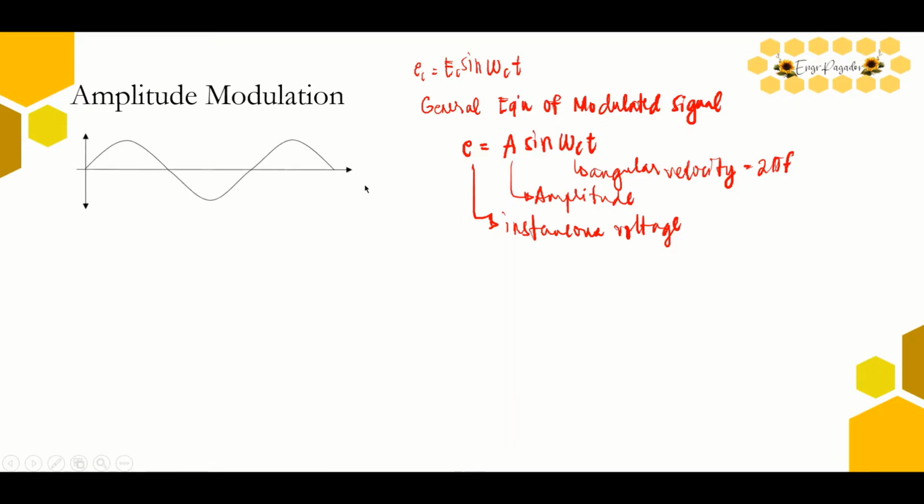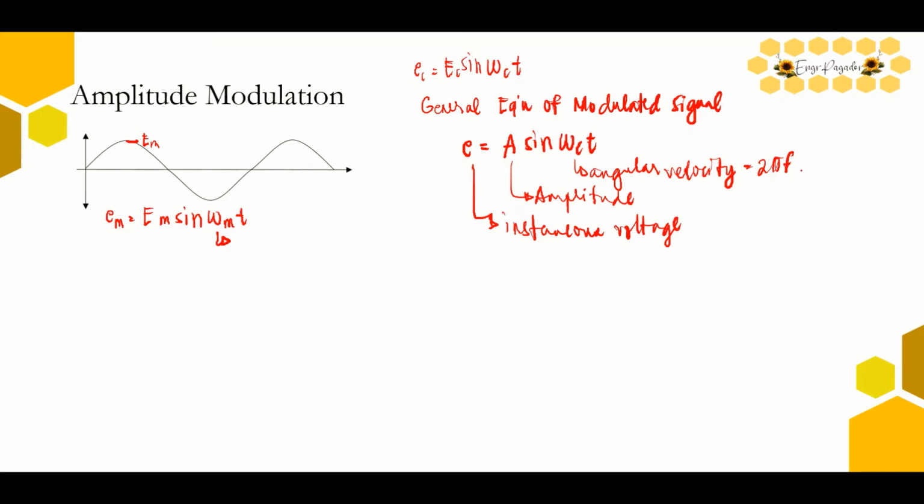Now, if we go back to our modulating signal, how do we represent this one mathematically? Let's say this is its amplitude and let's tag it as E_M. If we are going to get the instantaneous voltage expression of the modulating signal, we will have e_m equal to your amplitude E_M, sine, since this is a sine wave, omega_m t. The omega_m is the angular velocity, which in this case is 2 pi f.